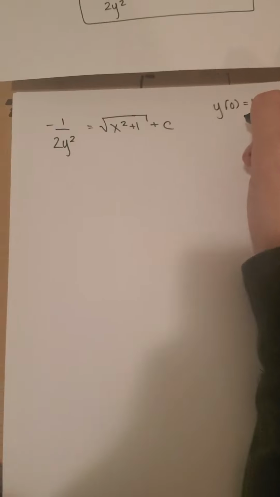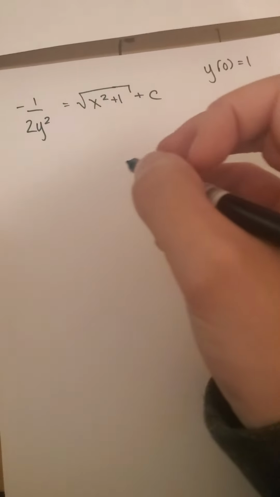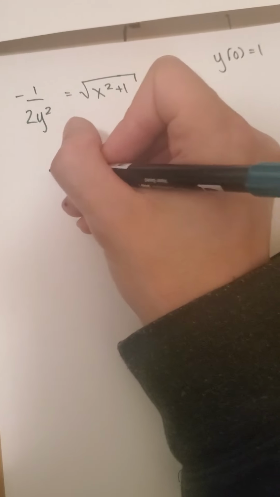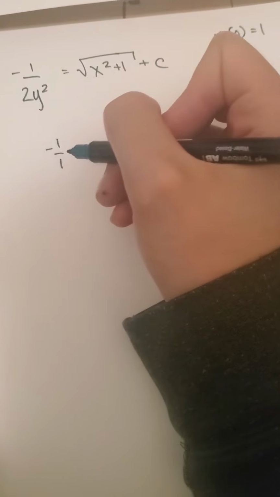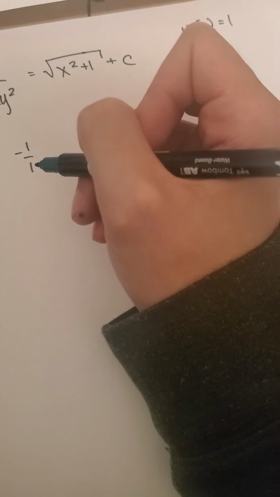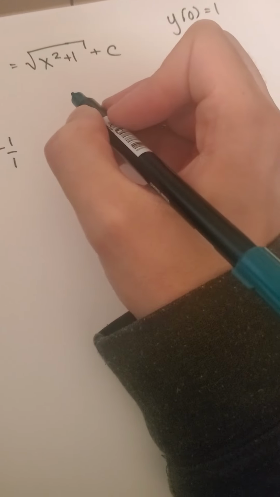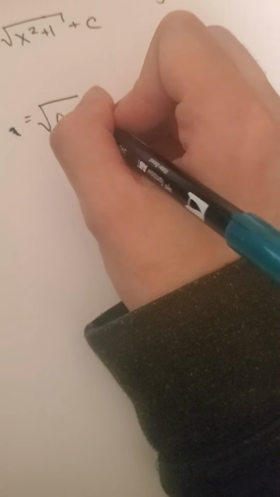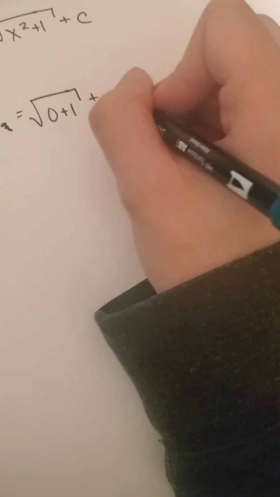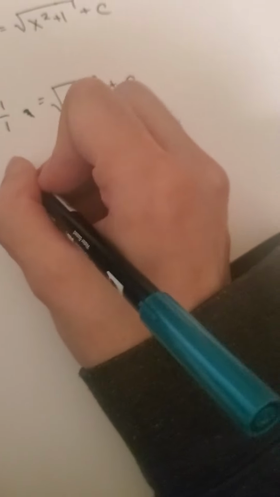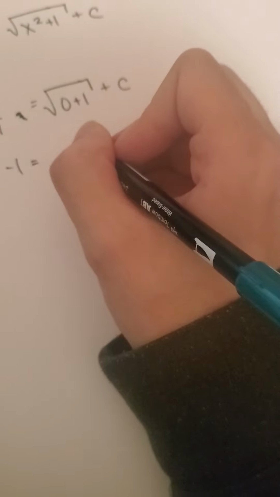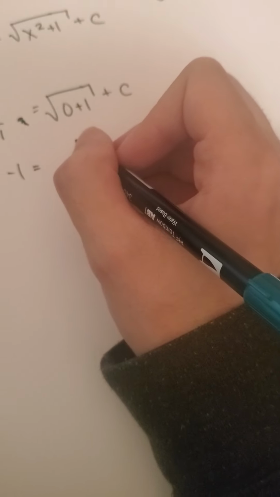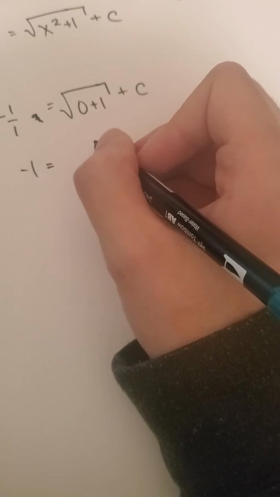Damn, I keep losing myself. Okay, so negative 1 over 1, and this equals the square root of 0 plus 1 plus c. Negative 1 equals square root of 0 plus 1, which is just the square root of 1.